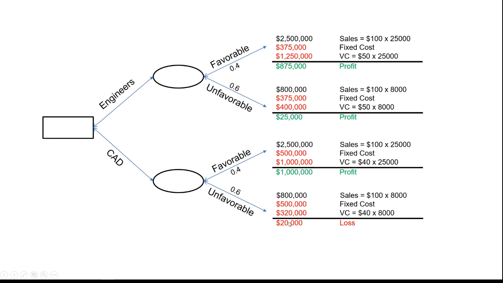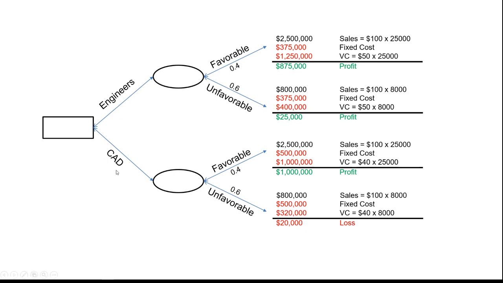So if the company decides to use engineers, there's a 40% chance of getting a profit of 875,000, whereas a 60% chance of making a profit of 25,000. Whereas if they use CAD, they have a 40% chance of making a profit of 1 million, whereas they have a 60% chance of making a loss of 20,000.